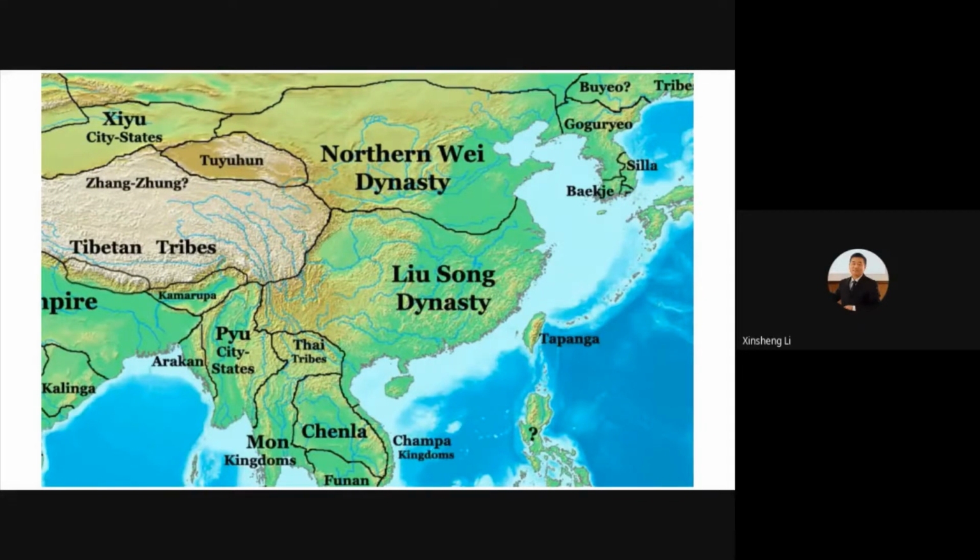This was a long time of split and chaos in Chinese history, from the year 420 to 589.